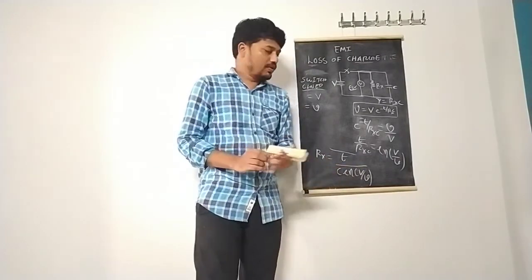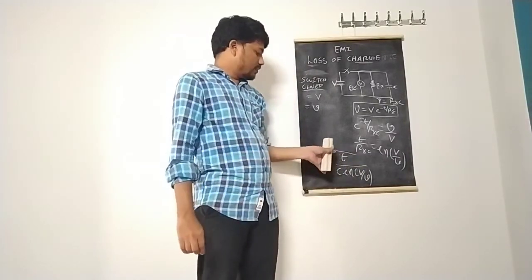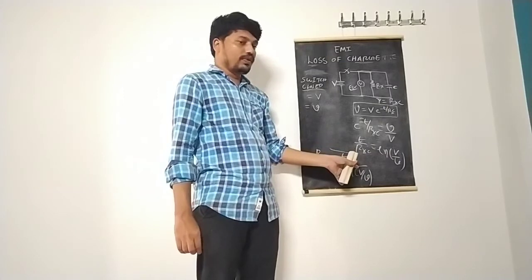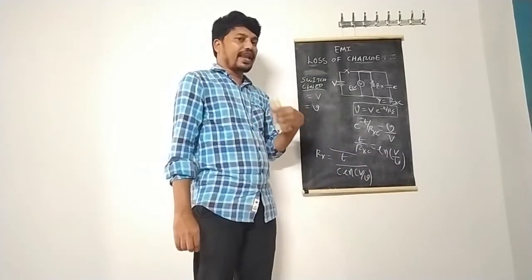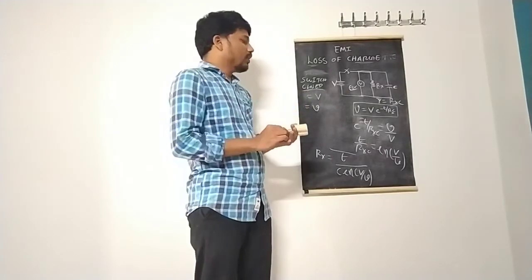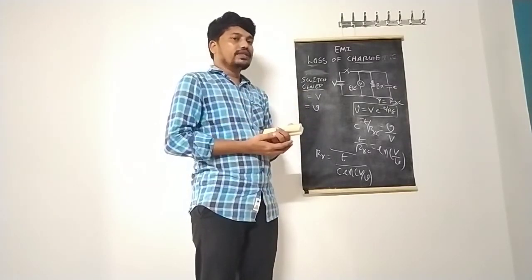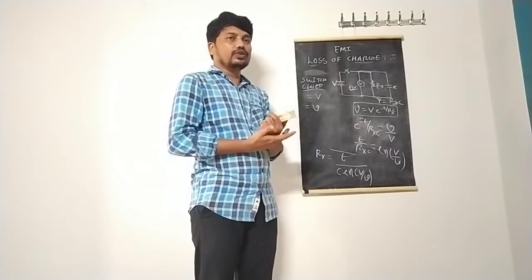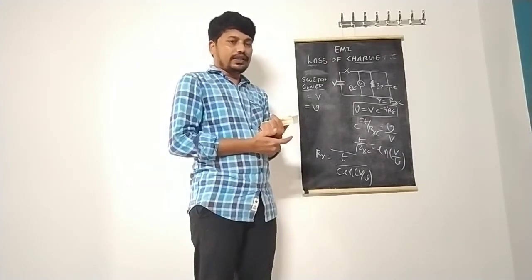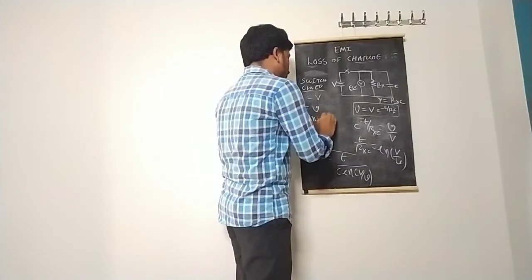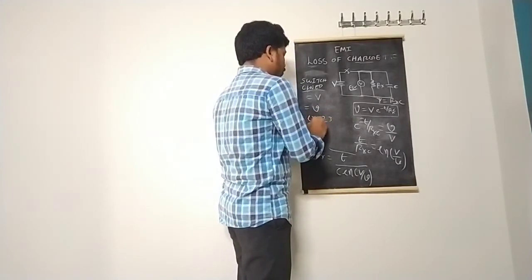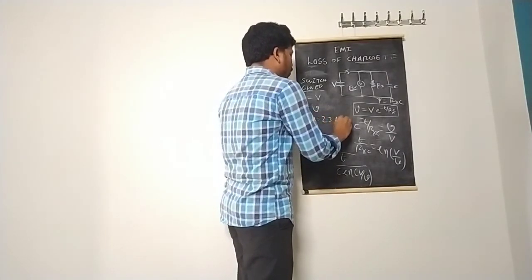In some textbooks they convert this natural logarithm into logarithm form. To convert ln into log form, the value is 2.3: ln is equal to 2.3 log.